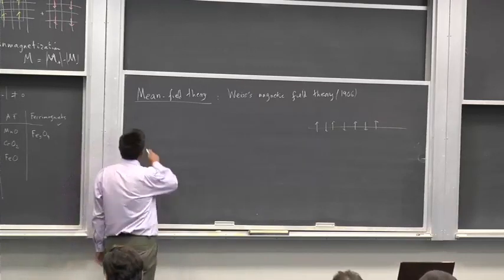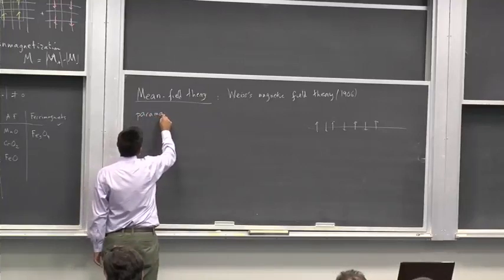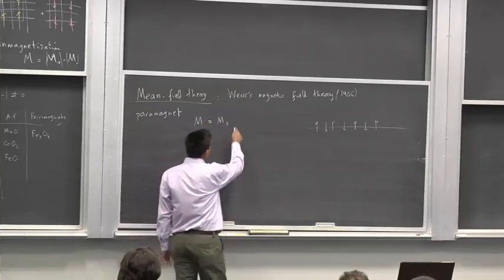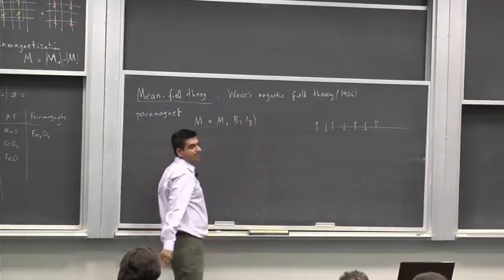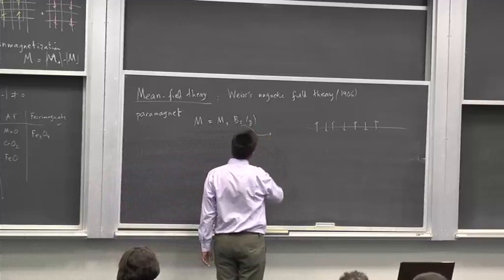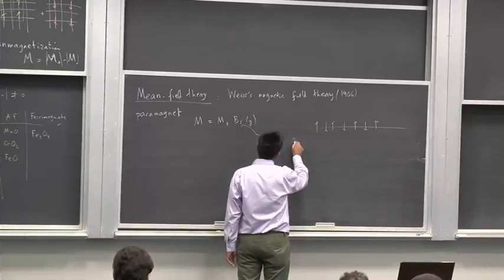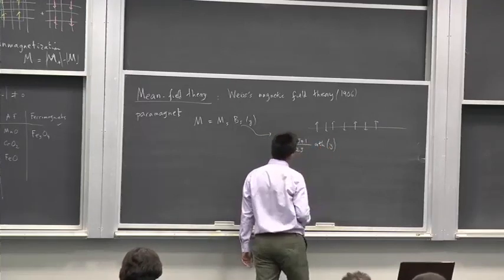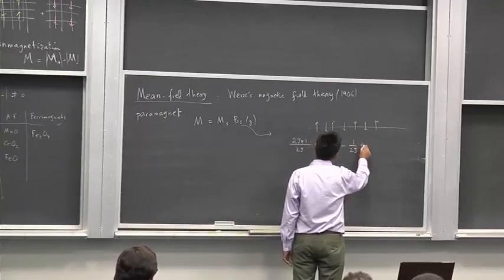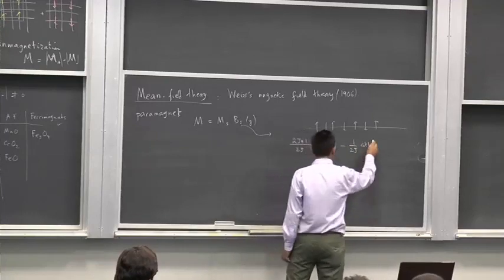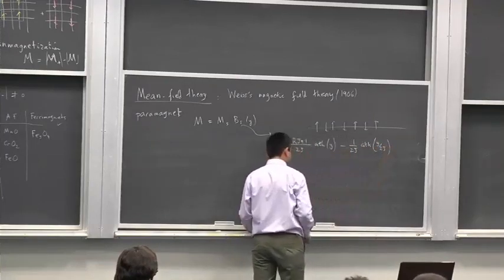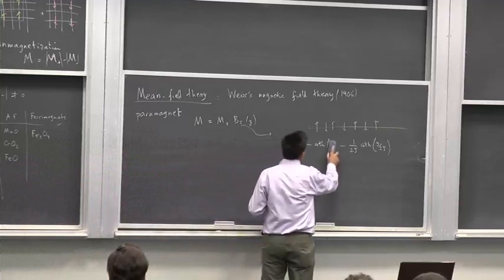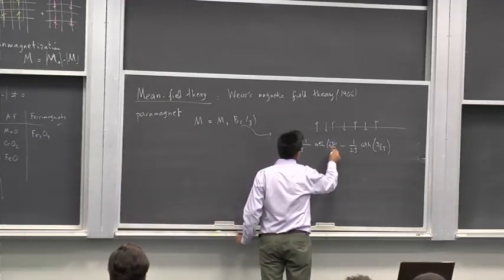We all know that if we have a paramagnet, the magnetization of the paramagnet is given by the saturation magnetization times the Brillouin function, where this Brillouin function is defined as (2J+1)/2J coth((2J+1)y/2J) minus 1/2J coth(y/2J).